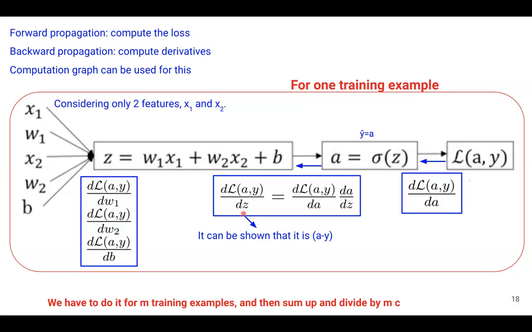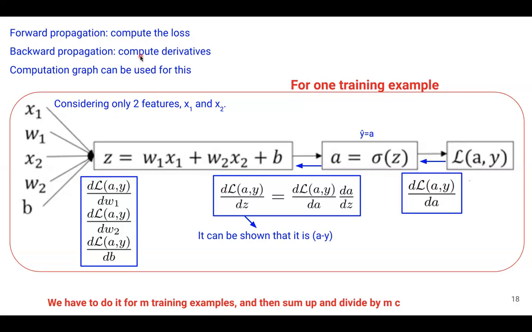And that is the y hat in our simple example here. This is also sometimes called a, and in this case, y hat and a are the same thing. Then you compute the loss from y hat and y. So going from x, w's and b from left to right and computing the loss, that is the forward propagation. This whole thing, drawn up like this, is also called a computation graph.